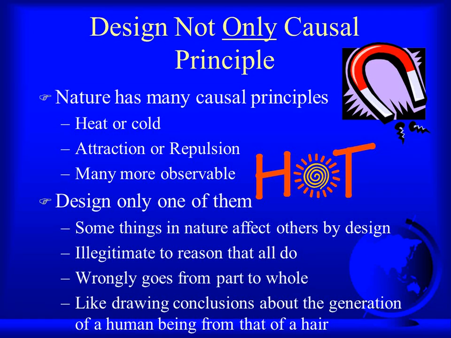Some things in nature affect others by design, but it's illegitimate to reason that all do. He says it wrongly goes from the part to the whole, making a conclusion about all of nature from the fact that there's design somewhere. So it's like drawing conclusions about the generation of a human being from that of a hair.